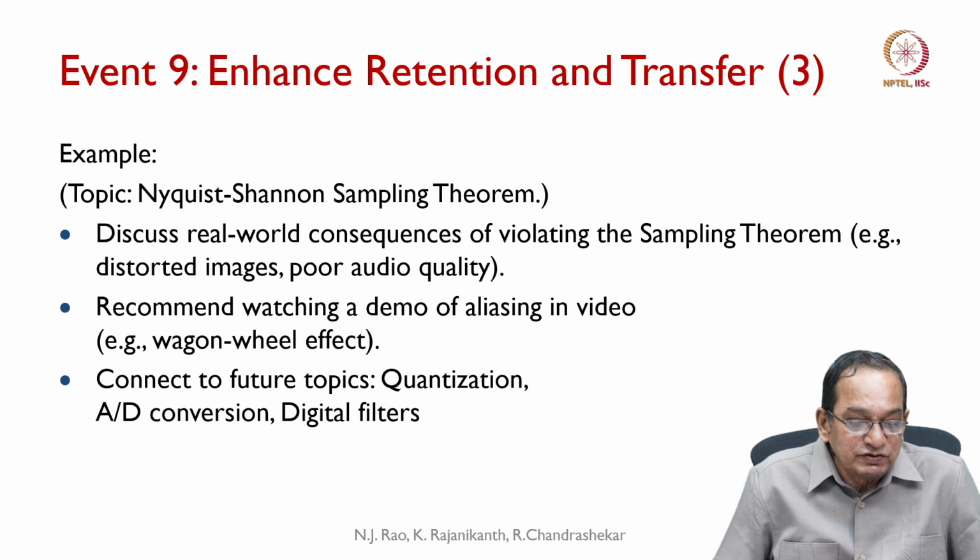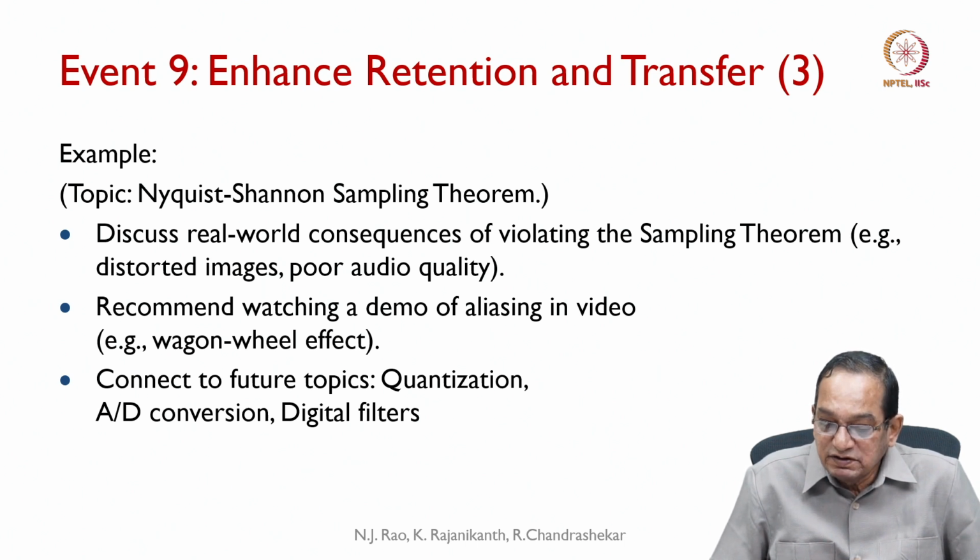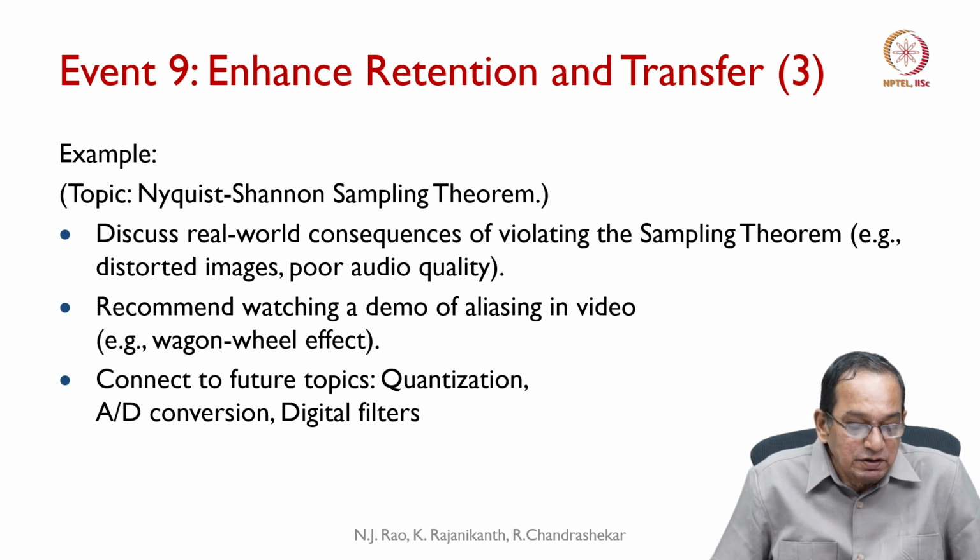Another example of this, the Nyquist-Shannon sampling theorem once again. Discuss real world consequences of violating the sampling theorem. Example, distorted images, poor audio quality, etc. Recommend watching a demo of aliasing in video. Example, the wagon wheel effect.